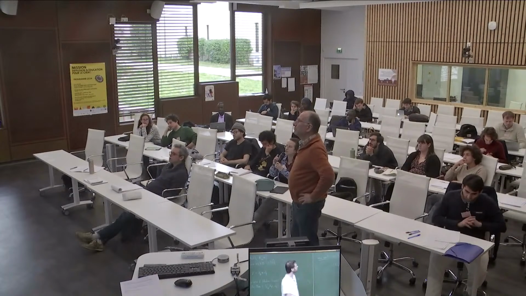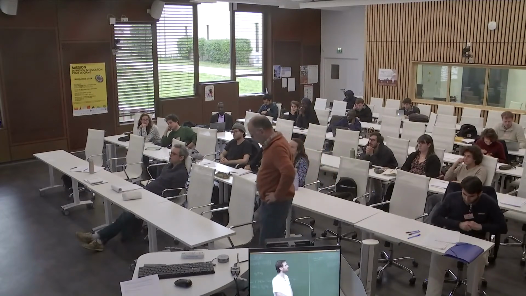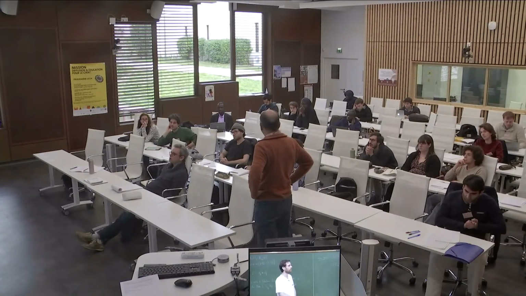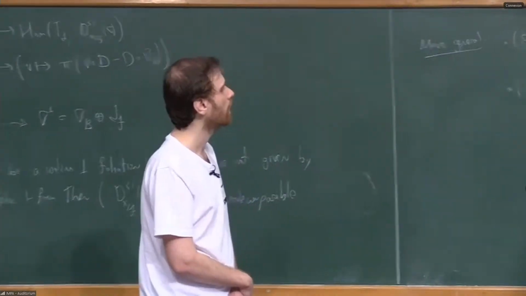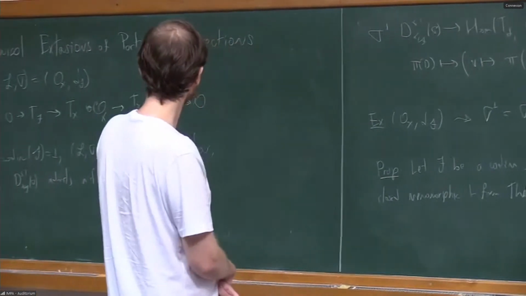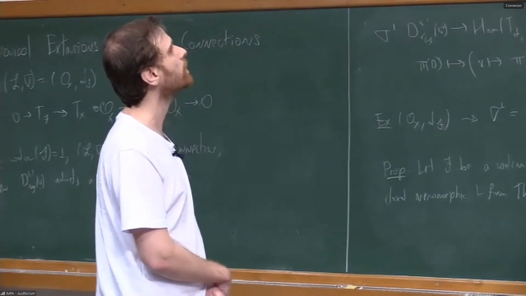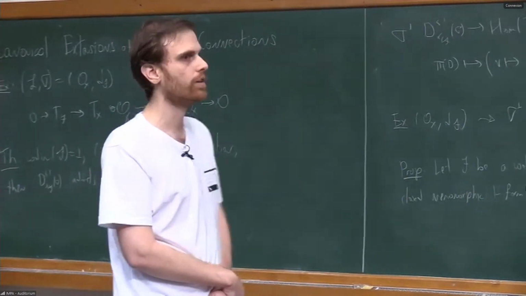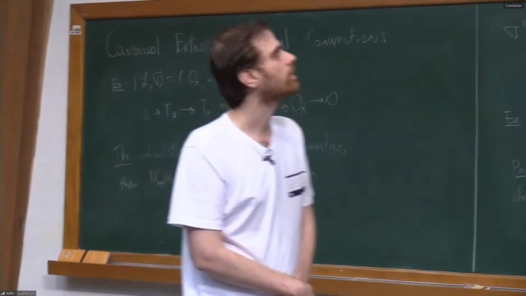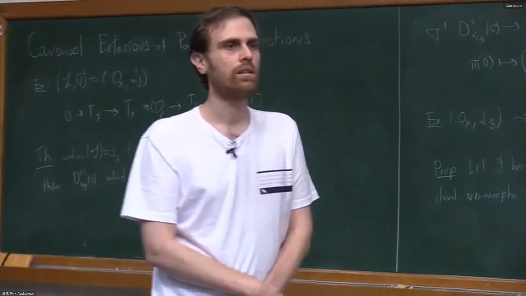For example, if you have a connection that is written as nabla 1 plus nabla 2, what are the properties on the leaves of the foliation? You are talking about the initial reason that I gave for the construction.